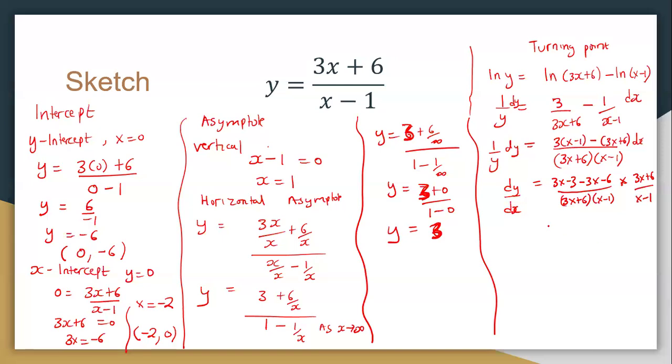So all in all, we have negative 9 over x minus 1 squared. For the turning point, dy/dx has to be equal to 0. So we have negative 9 over x minus 1 squared equals 0. So we just have negative 9 equals 0. So we conclude that there's no turning point.